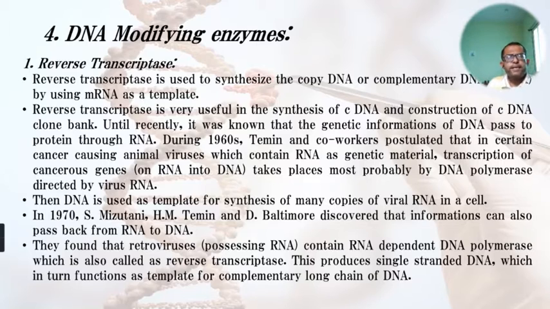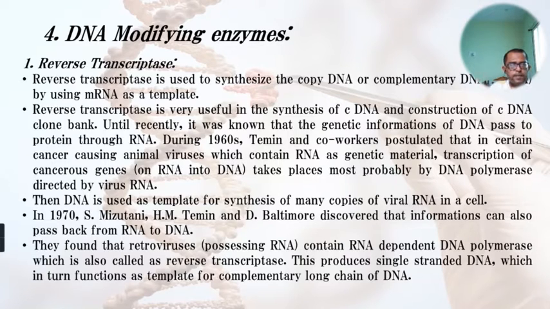This enzyme was first discovered by the scientist Temin and his co-workers, who found that certain cancers caused by animal viruses, which contain RNA as genetic material, involve transcription of cancerous genes most probably by a DNA polymerase enzyme directed by virus RNA.